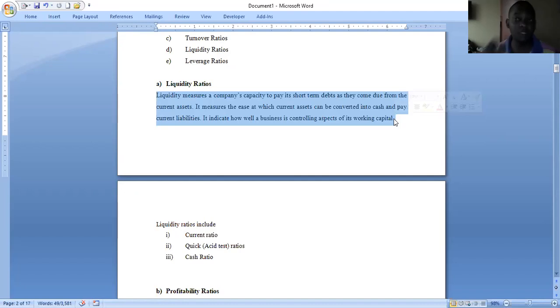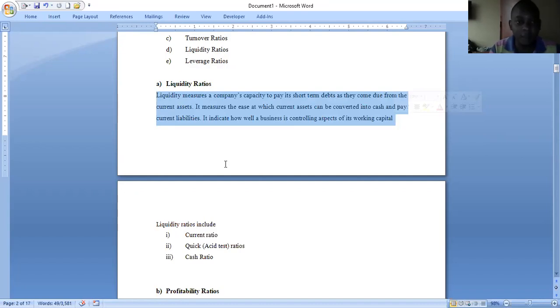Or rather, we can also say that liquidity ratios measure the ability of the business to convert its current assets into cash in order for it to be able to pay its current liabilities. So that is liquidity, the measure of the company's capacity to pay its short-term debts from short-term assets, its ability to convert its short-term assets into cash so as to pay short-term debts.